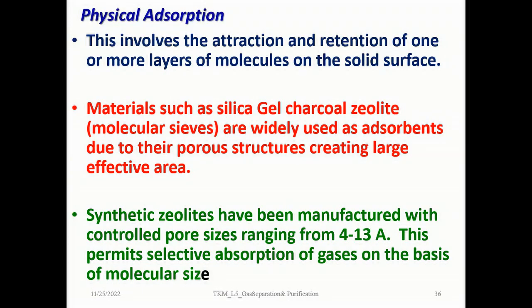Materials such as silica gel, charcoal, zeolite, and molecular sieves are widely used as adsorbents due to their porous structures, creating a large effective area. Synthesized zeolites have been manufactured with very controlled pore sizes ranging from 4 to 13 angstrom. This permits adsorption of gases on the basis of molecular size.